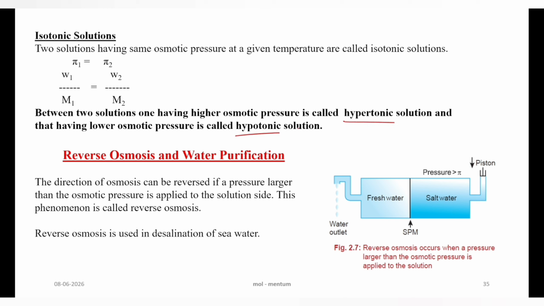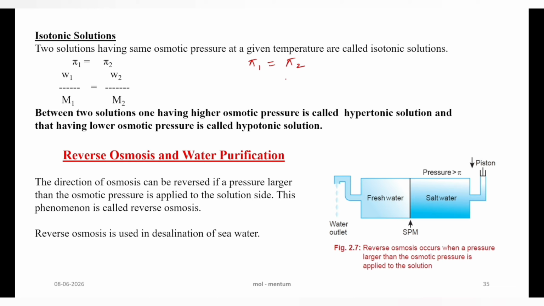If the osmotic pressures of two solutions are the same, those solutions are called isotonic. But if they are not the same, the solution having higher osmotic pressure is called hypertonic, and the solution having lower osmotic pressure is called hypotonic. If it is the same, it is isotonic. So if it is isotonic, these two numbers are the same because the osmotic pressures are the same.